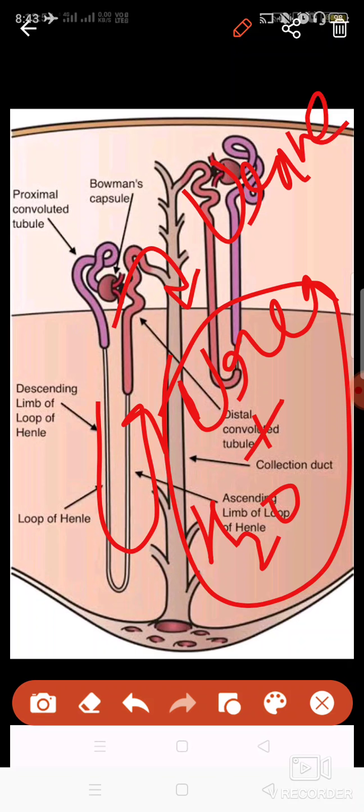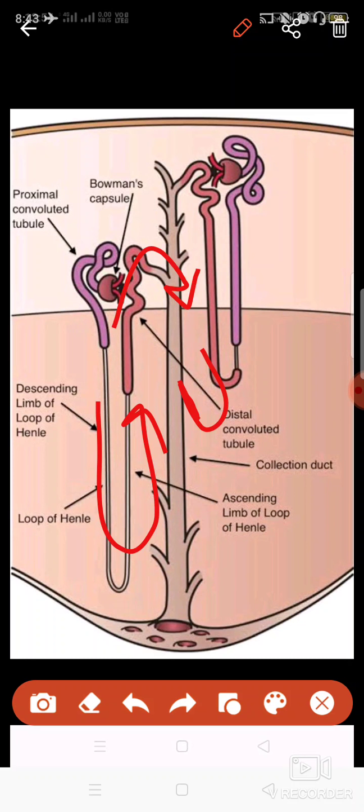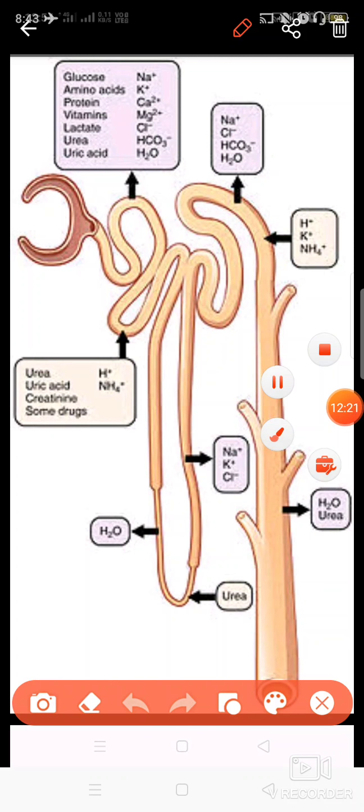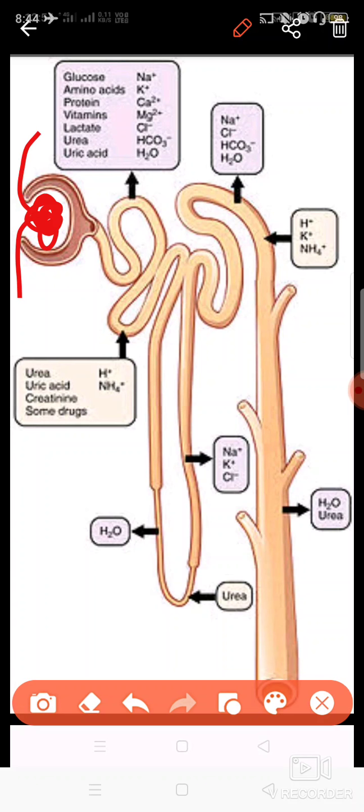So let me show you how the ultrafiltration and all these things take place. So here is the part where the afferent and efferent arterioles are present. Let me change the color of this.